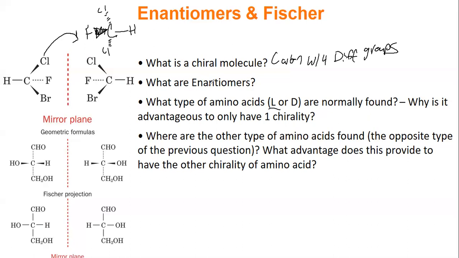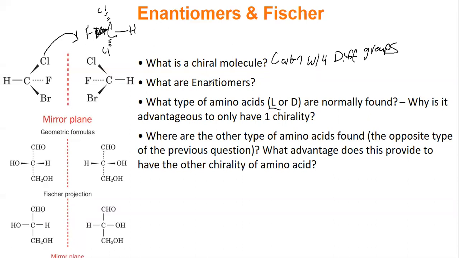And if that enzyme is working on a specific set of amino acids, you would need at least 2 copies of that enzyme if both amino acids were found in nature. You need a copy that worked on L amino acids, and you need a copy that worked on D amino acids. In reality, you'd probably need a lot more copies because of all the possible combinations. But to make things simple, life only chose to have one type of amino acid, L amino acids.